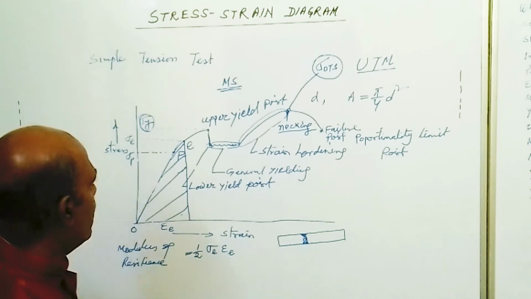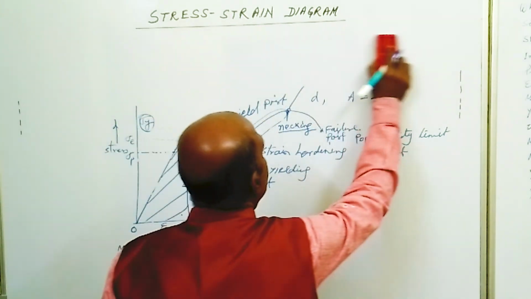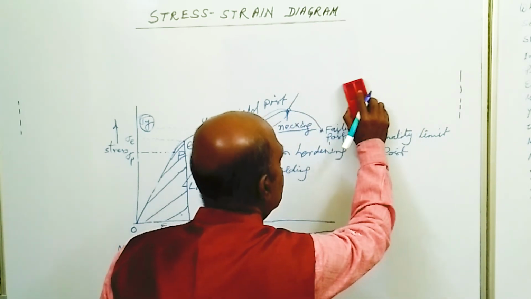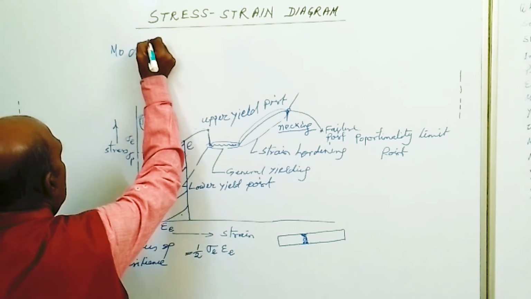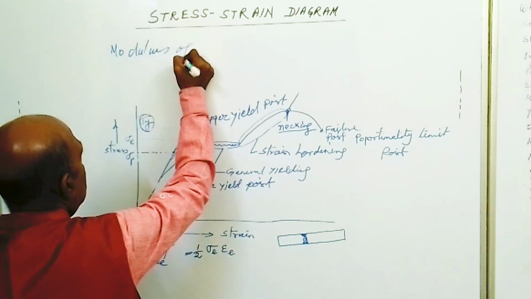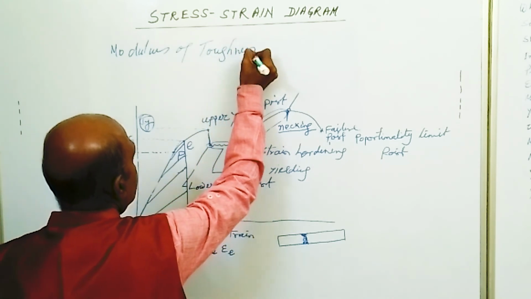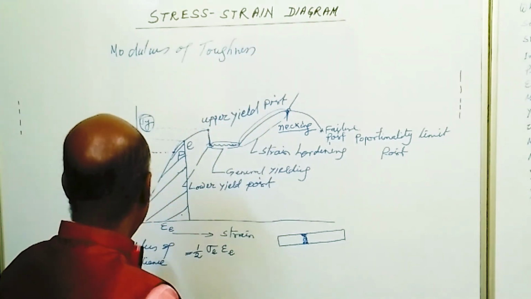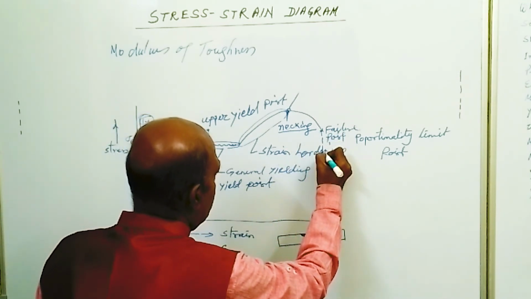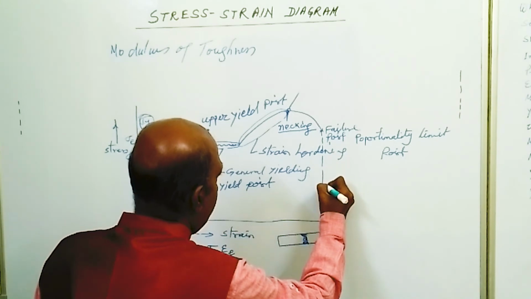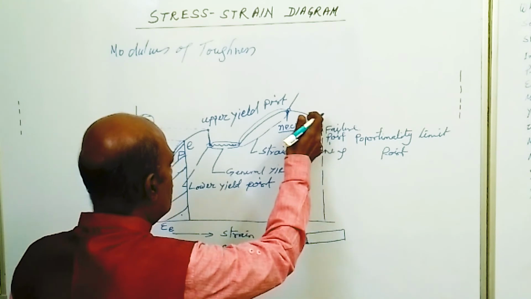Another important point we know from here is modulus of toughness. The energy absorbed by the body per unit volume up to failure point is given by the area under the stress strain curve up to failure point.